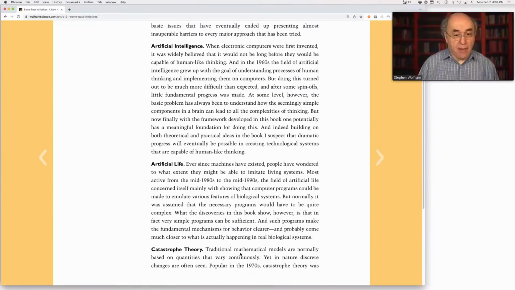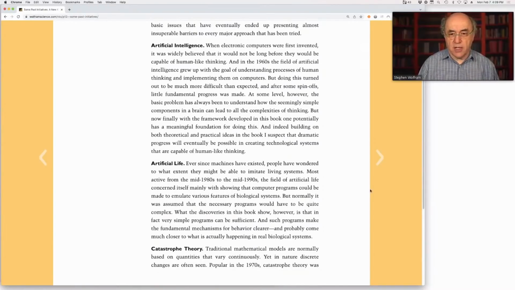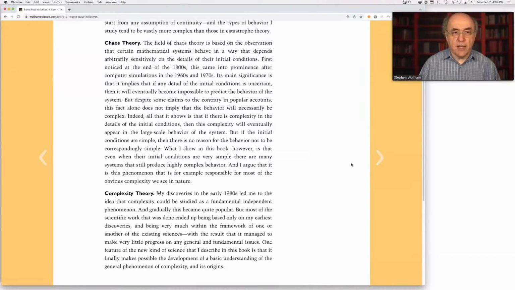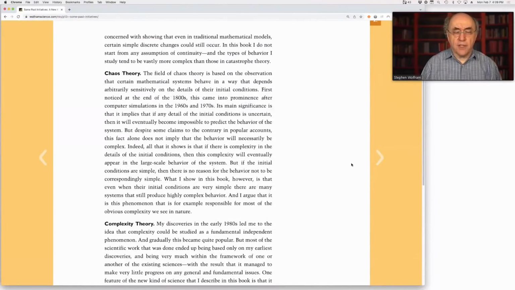Catastrophe theory is something perhaps people have barely heard of anymore. It was a theory that was very popular in the 1970s, which I talked about here. Chaos theory people have more often heard of, although I think it's very confusing. The original idea of chaos theory is sensitive dependence on initial conditions.